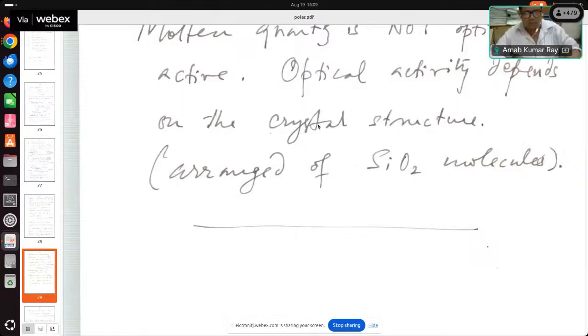The second topic that we discussed today is retarder plates, full wave plate, quarter wave plate, half wave plate, all of these things. The third topic is the analysis of polarized light. Just now we discussed how you determine the nature of polarization in the case of a particular polarized light. And the fourth topic is optical activity.